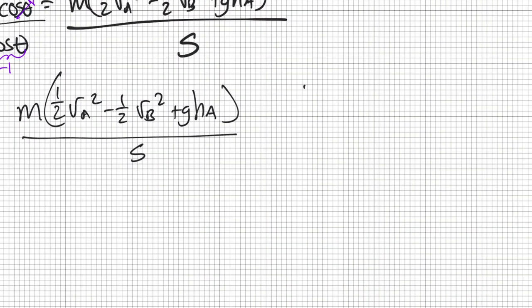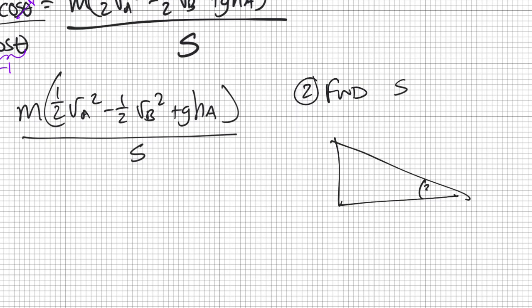Now let's find S. So I'm going to draw my ramp. I know this is 30 degrees, this is 12 meters, and I'm trying to find this length here. That's my hypotenuse of my triangle. So this is my opposite side, this is my hypotenuse. So that's going to be the sine of theta equals opposite over my hypotenuse, which that's going to be S. S is my hypotenuse.